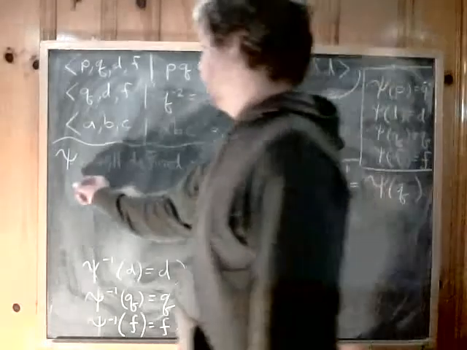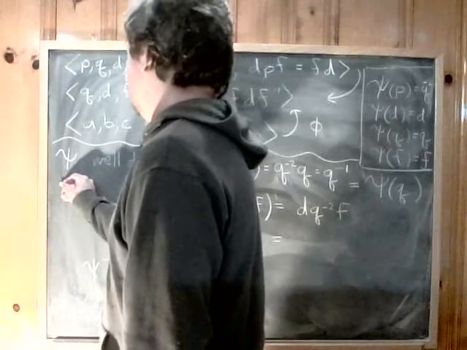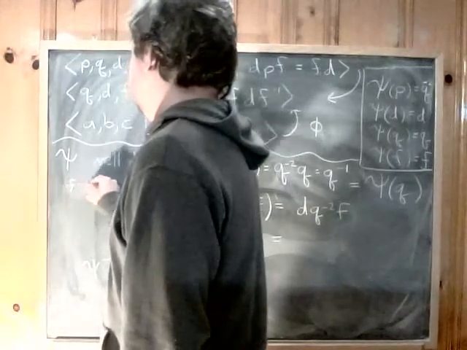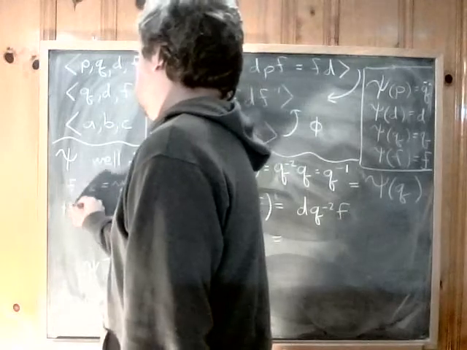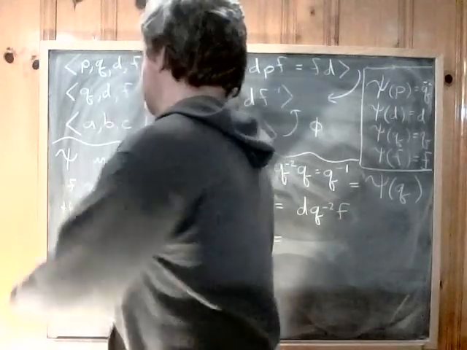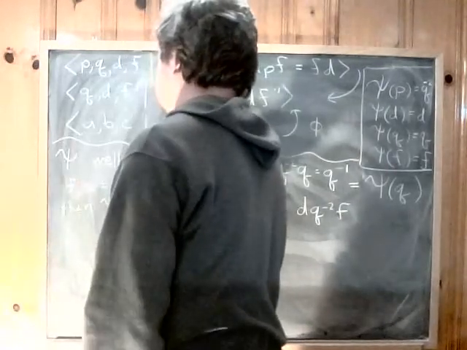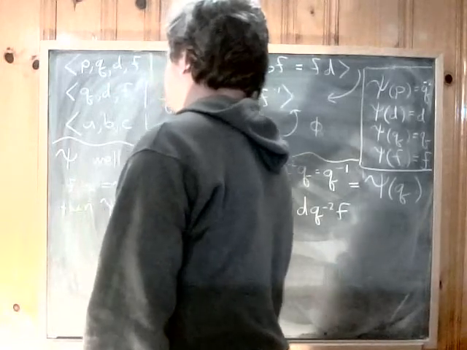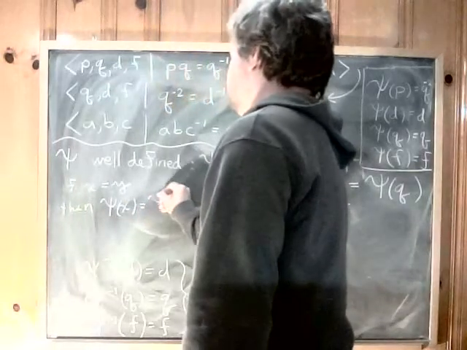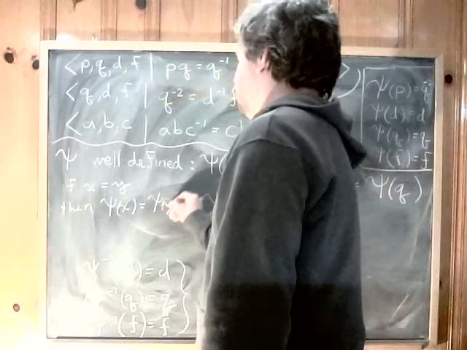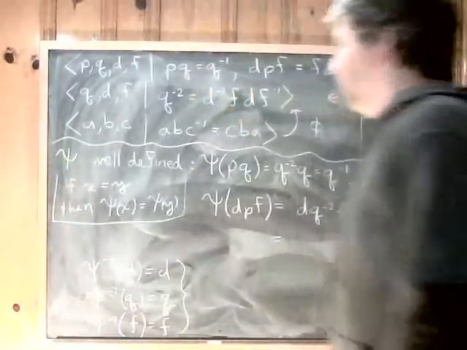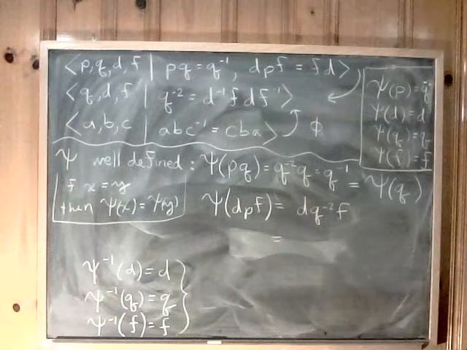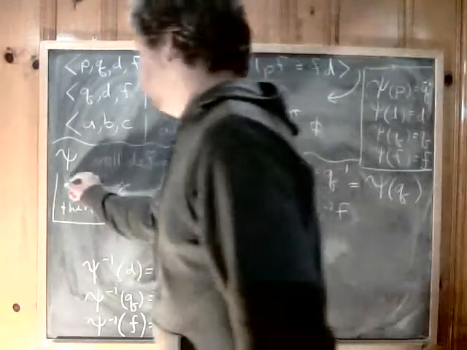In other words, that if x is equal to y, then c of x equals c of y. That means it passes the vertical line test, so it's a function.